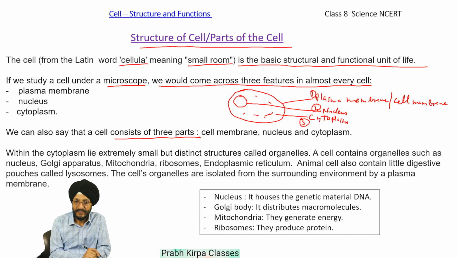third is cytoplasm. Within the cytoplasm lie extremely small but distinct structures called organelles.